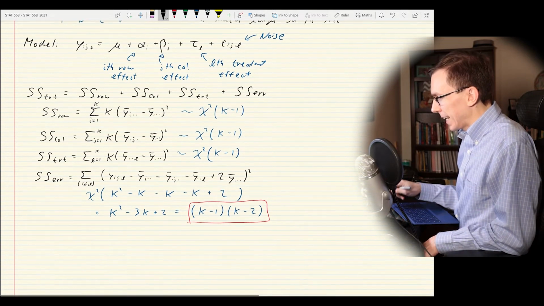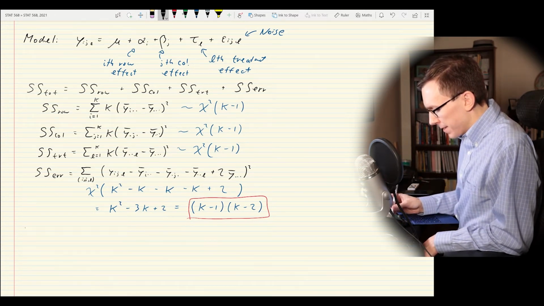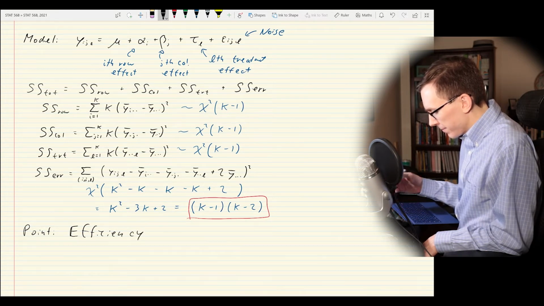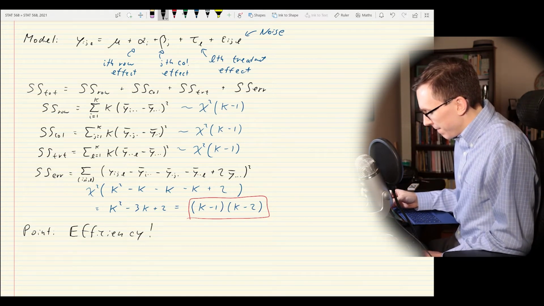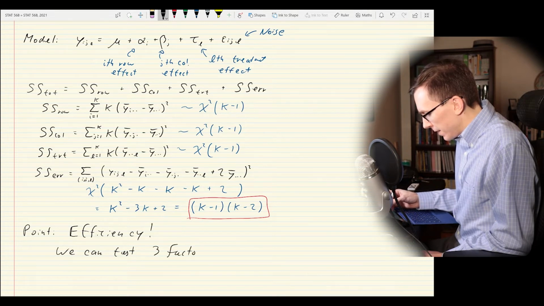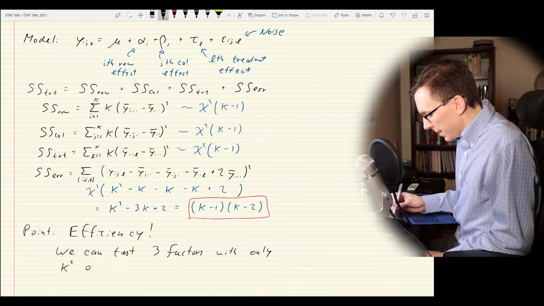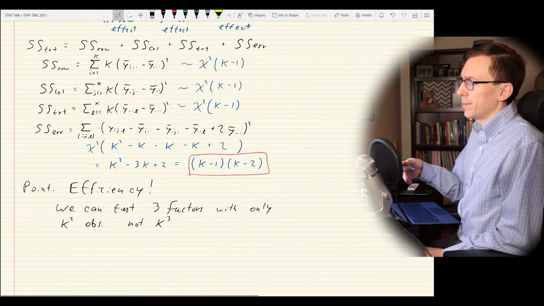And the point, as I mentioned before, the main point is efficiency. It's efficiency in the sense that we can test 3 factors with only k squared observations, not k cubed, which could be quite a big increase, right?